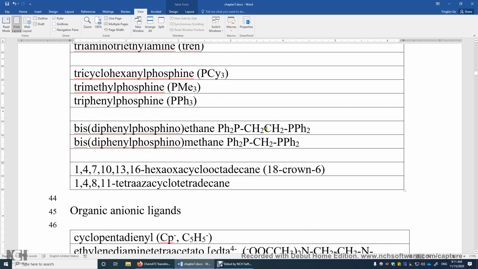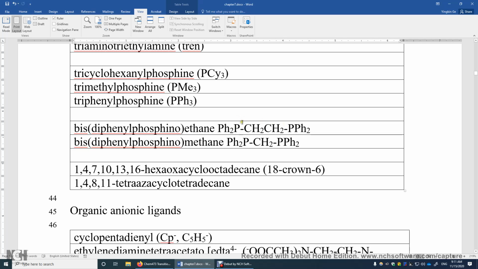And over here you can see this ligand has two same such functional groups. This is diphenylphosphino. Since we have two of them, supposedly we should say didiphenylphosphino, but that does sound weird. So we'll just use bis, tris, tetrakis, pentakis instead of di, tri, tetra, and penta.